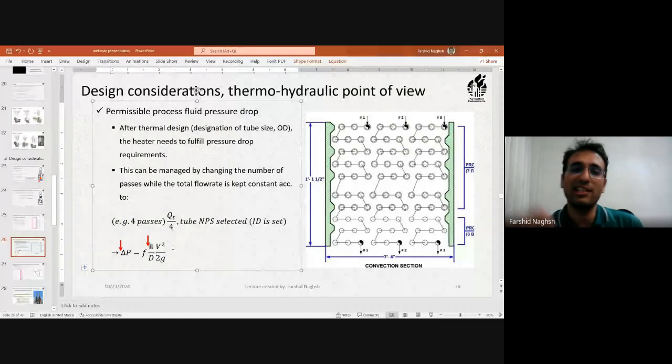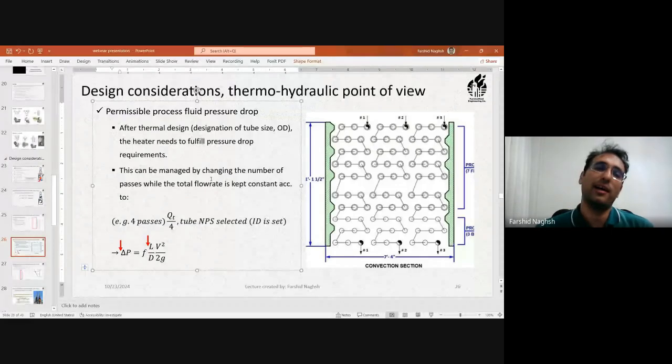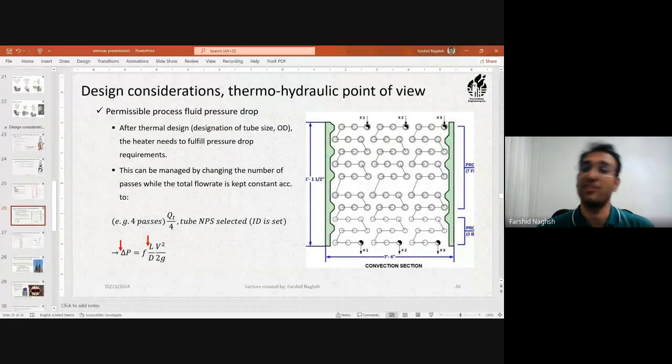I reduce it and divide it by 4. So I shall have 1/4 of the pressure drop compared to the previous condition. So we need to check the pressure drops against permissible pressure drops after the thermal design is completed.